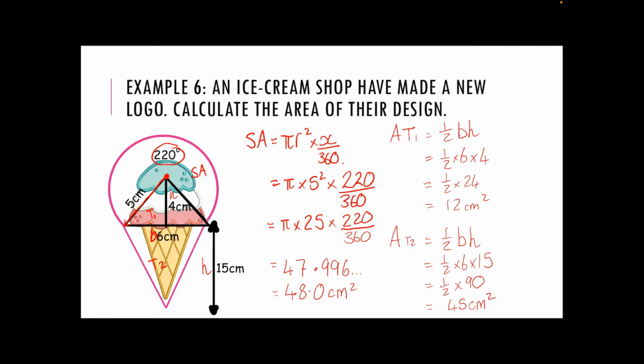The last thing we need to do, I'm going to squeeze this in over at the side, is our total area. So that is going to be our 48 plus the 12 plus the 45, and that gives us 105 centimetres squared as our total area of the shape.